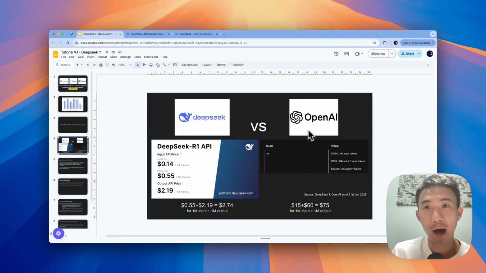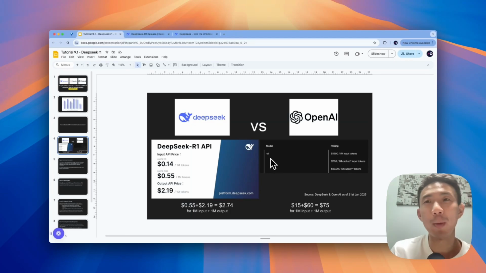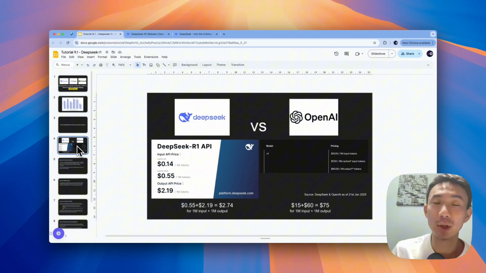As for OpenAI's O1 model, it costs in total $75. So DeepSeek-R1 API is 27 times cheaper than OpenAI's O1 model. So from a cost perspective, we should really consider using the DeepSeek-R1 model instead of OpenAI's O1 model.